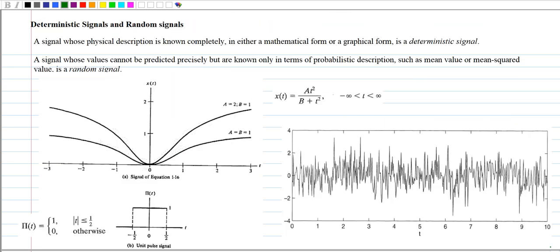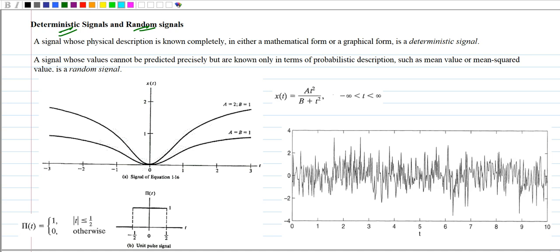After discussing periodic and aperiodic signals, let's look at deterministic and random signals. If we can write a mathematical equation for a signal, then we classify it as a deterministic signal. If we are not able to write a simple mathematical equation, we classify it as a random signal.